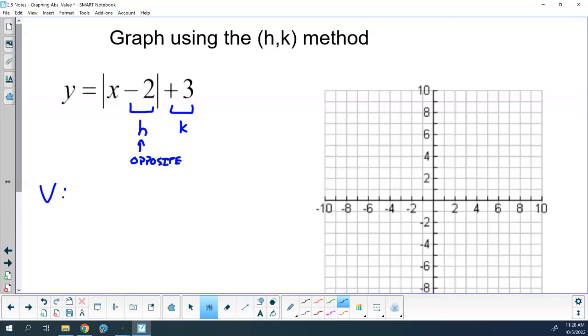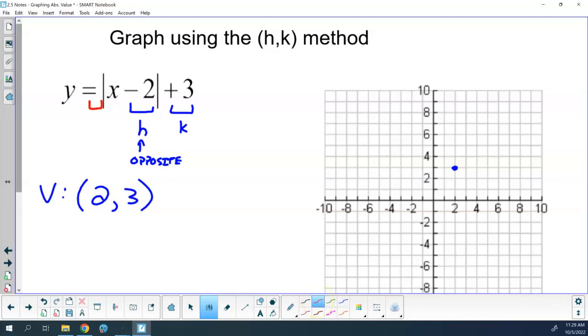So my vertex is at the point, it should be -2 because that's what I see, but I think oppositely, and that's +2, comma 3. So I can go right to that point, (2, 3), and I can put my dot right there.